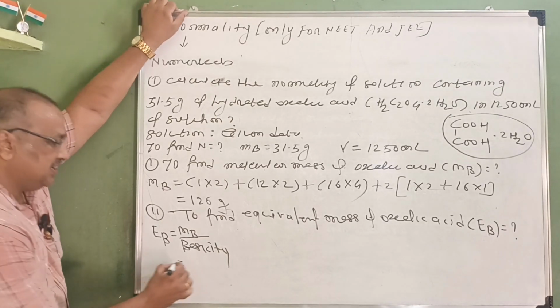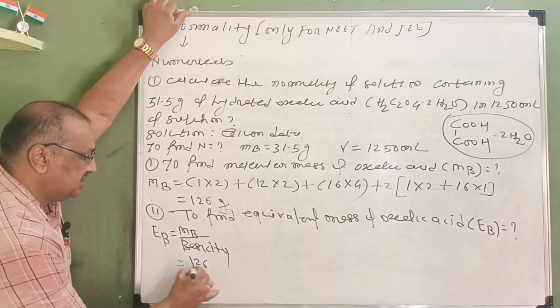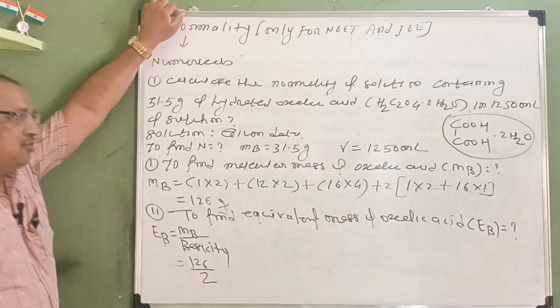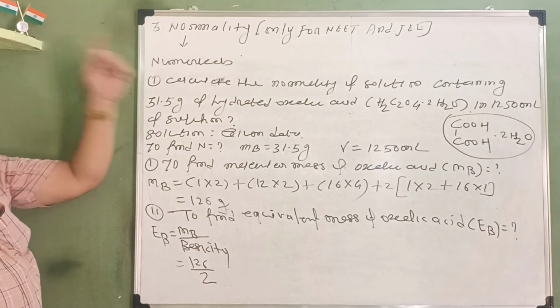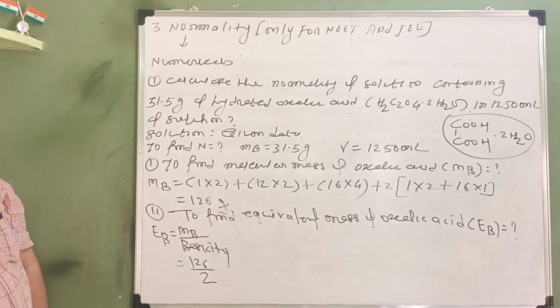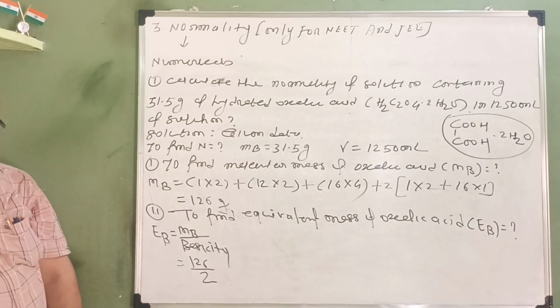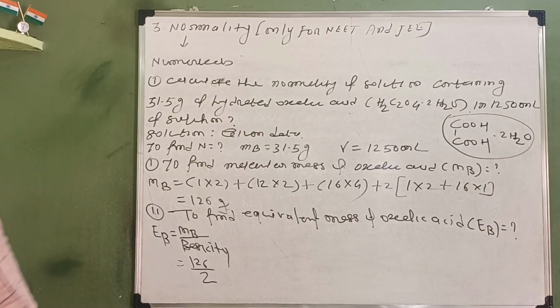Here MB is 126 and basicity of oxalic acid is 2, that means 2 H are there, and which is equal to 63 gram.